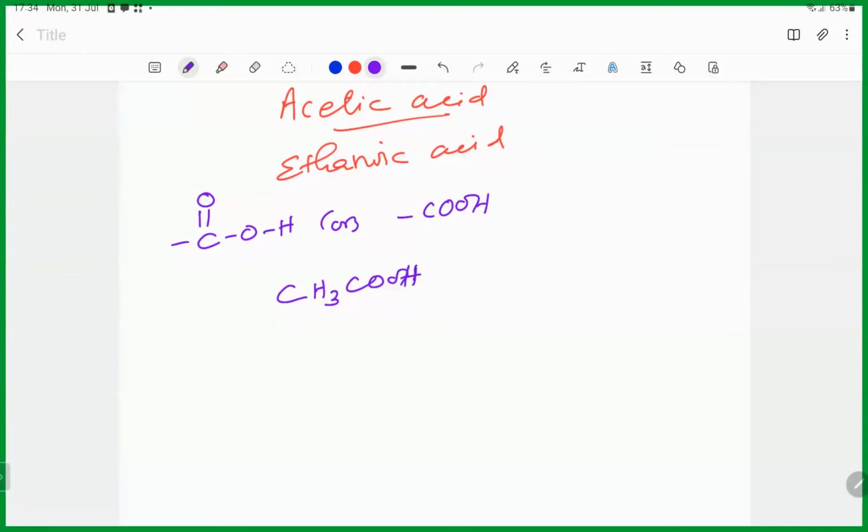So COOH means carboxylic acid and CH3 means methyl. It's not a common name. Acetic acid is a common name because it is obtained from the vinegar.